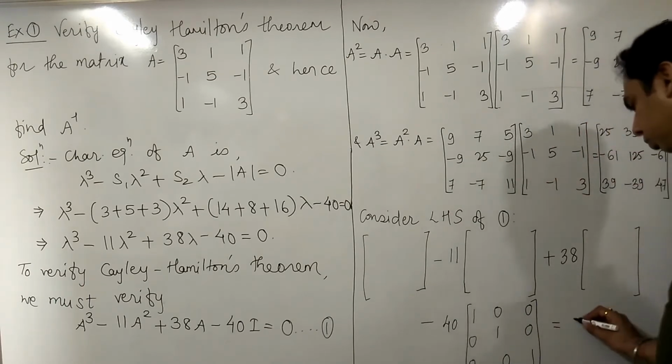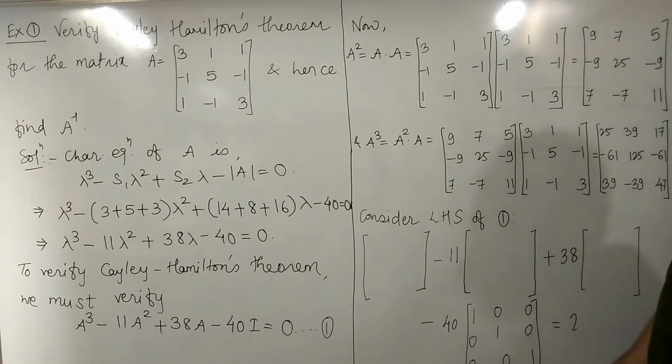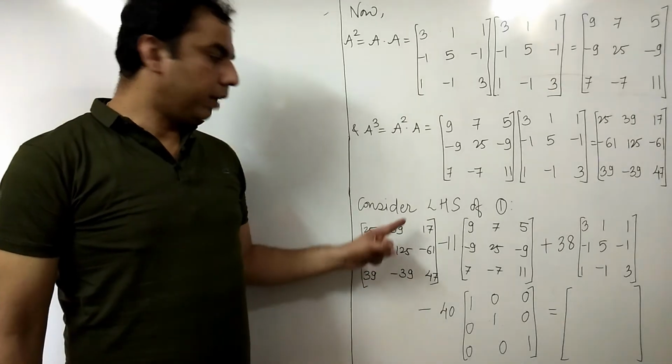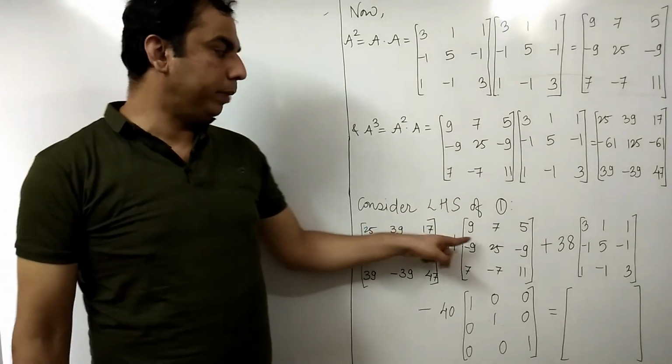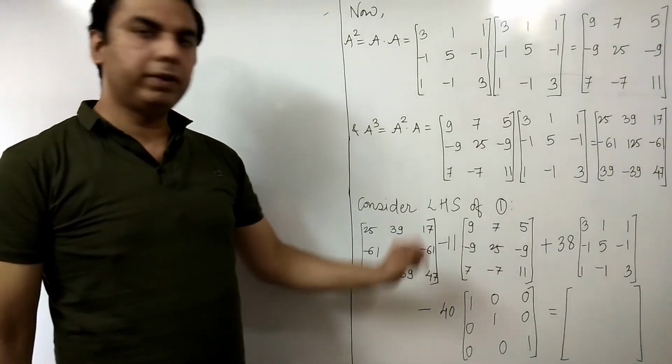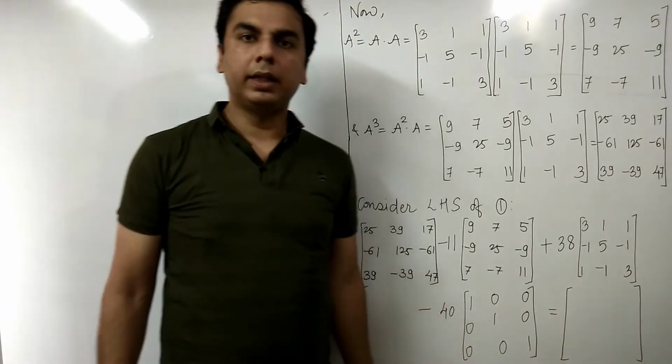I have substituted all the values of A cube, A square, A and I, and now we check whether we get a null matrix or not.